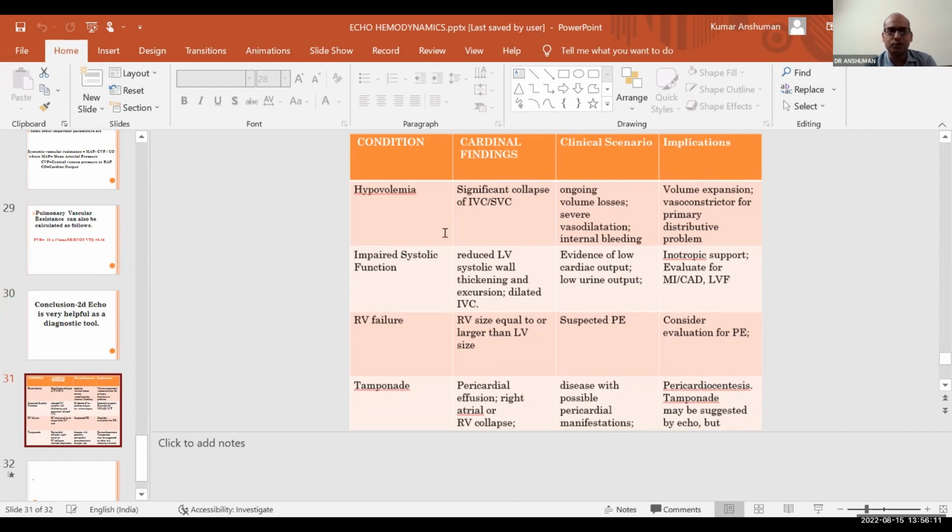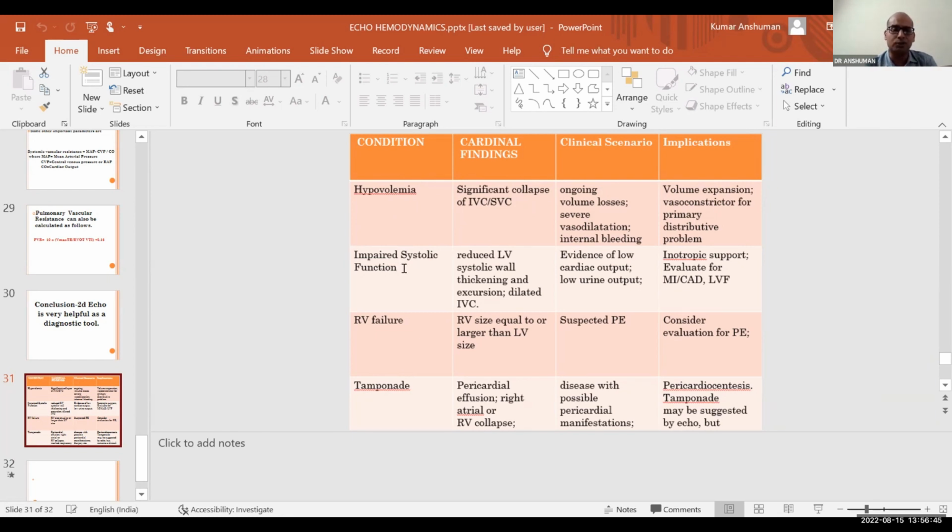So to summarize, there are 3-4 conditions where you have to stress. First, you have to see hypovolemia. If it is hypovolemia, there will be significant collapse of the IVC, and the causes will be volume losses or severe vasodilatation, internal bleeding, etc. Implications will be volume expansion, vasoconstrictors for a primary distributive problem, use of inotropes in sepsis, etc. So you simply see the IVC and you tell how the patient should be treated.